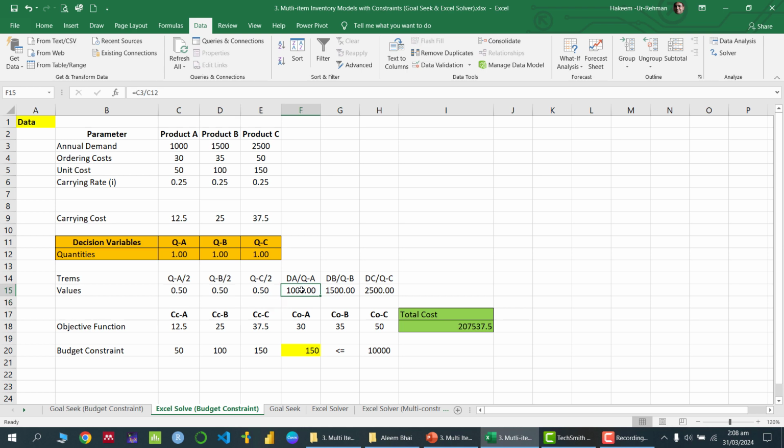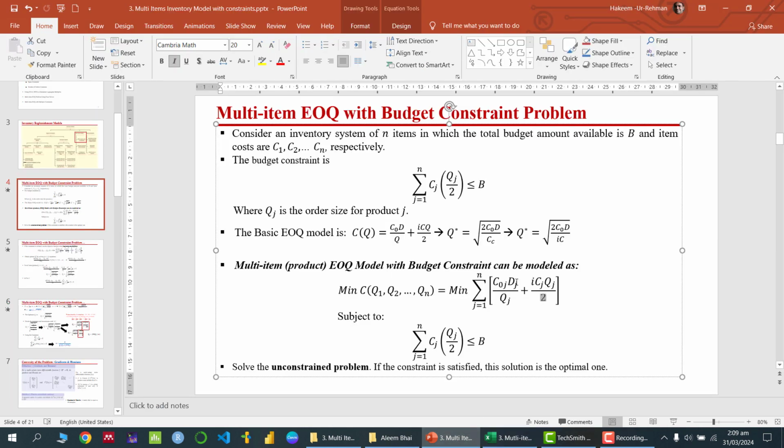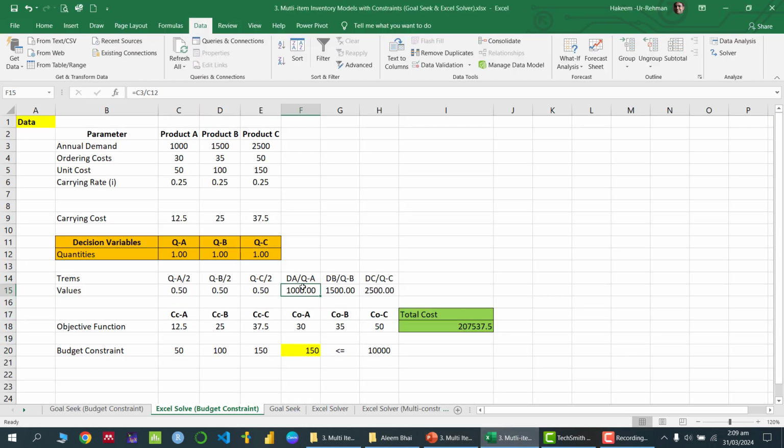Then we are going to find out the term Dj over Qj, which is basically the number of orders for product A. How can we do that? Equal to the annual demand, which is 1,000, divided by this quantity, which is QA. Similarly, for product B, this is going to be 1,500 divided by this one.